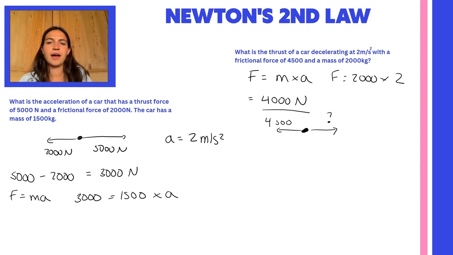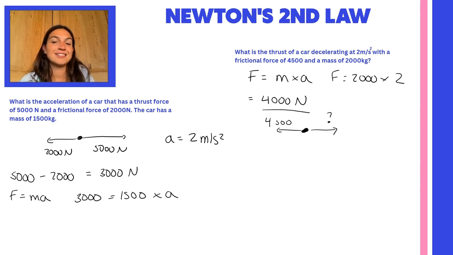So remember, I have this frictional force of 4,500. I have some thrust force that I'm trying to find out, and the resultant of those two forces is 4,000 newtons. So I'm just going to represent that thrust force with a little question mark so far.